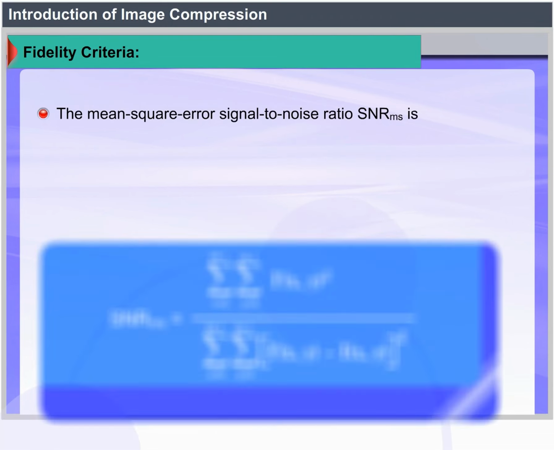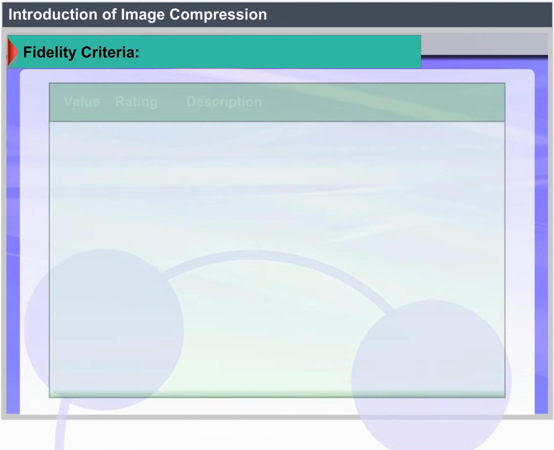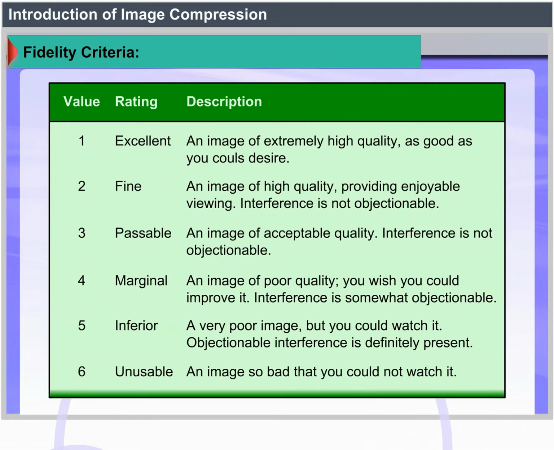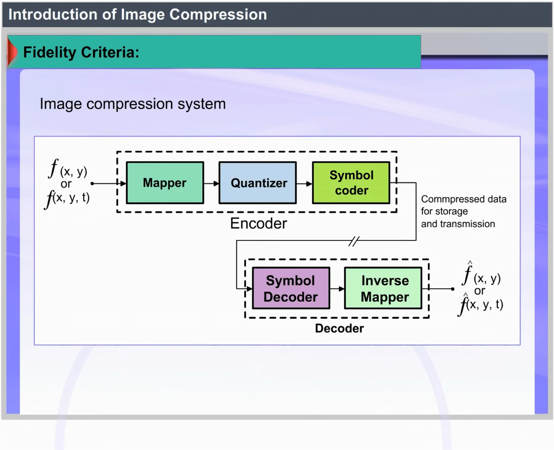The mean square error signal to noise ratio SNRMS is as shown. The image compression system block diagram is shown on the screen.